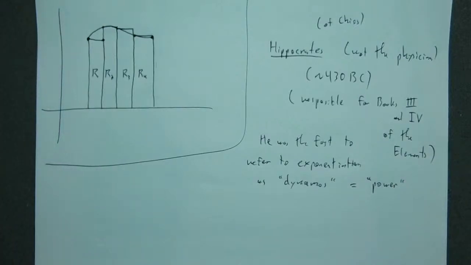So in the phrase raising x to the fifth power, the reason why in English we use the word power is due to Hippocrates, because in Greek he used the word dynamos, which means power. So that's a little subtle thing that has affected all of us.